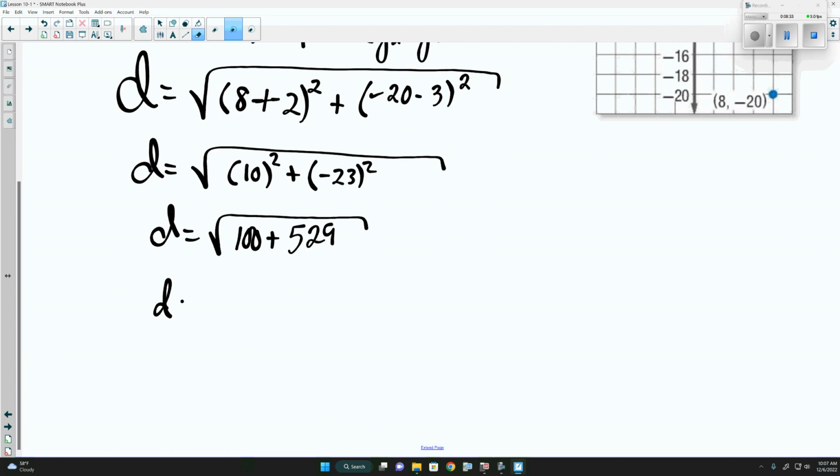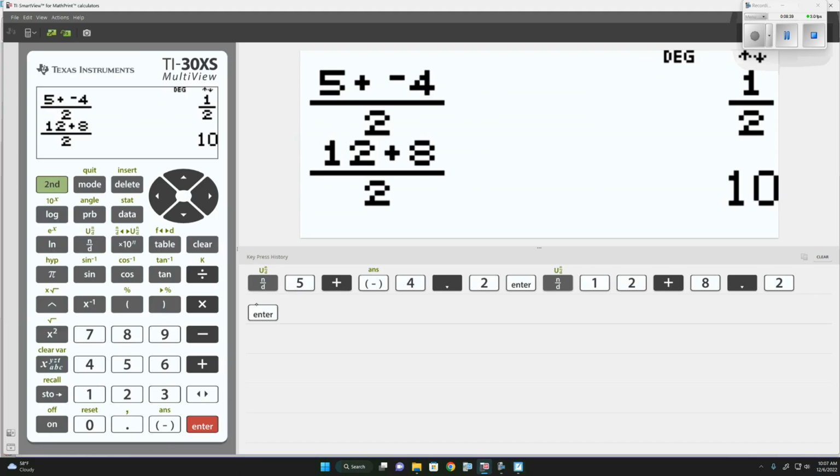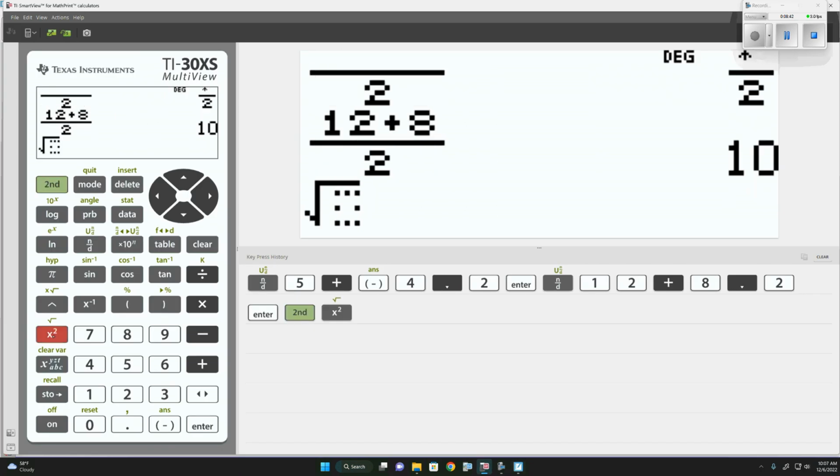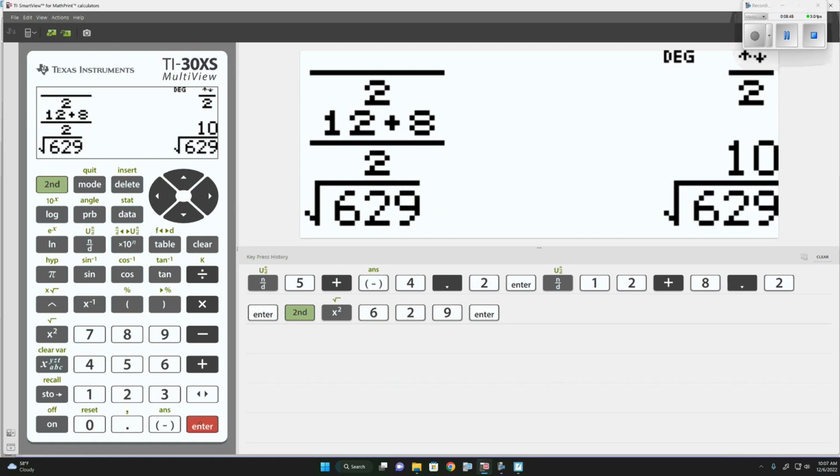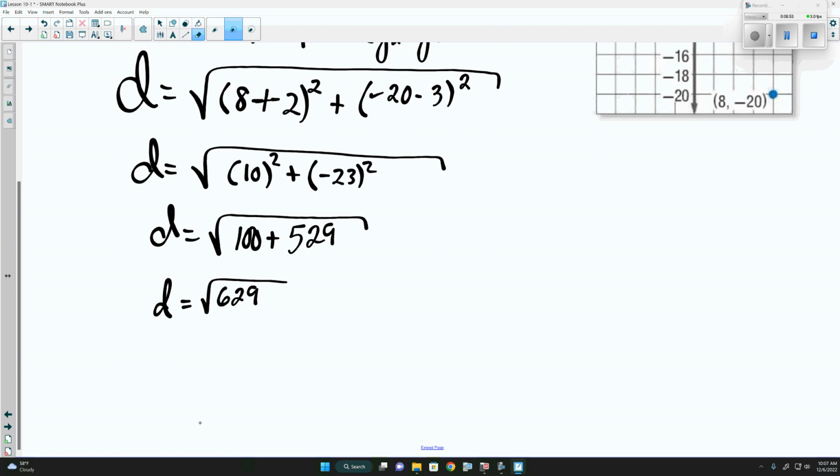And if we add these two together, we get the square root of 629. Now we can take a calculator and say second square root, 629, and it doesn't reduce. There's not a perfect square factor in 629. If we wanted to approximate, we can say 25.0798.